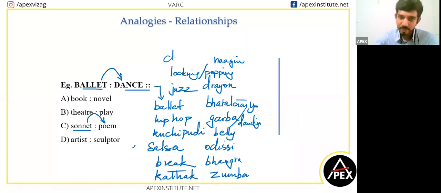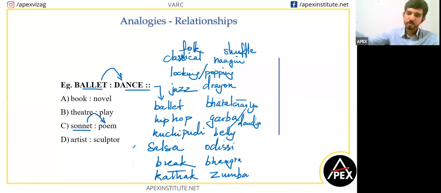Street, classical, yes, classical is a type of dance. Interesting. So good. I'm really impressed here with your knowledge. We managed to, like we did in our vocabulary sessions, fill up the screen again. Shuffle. Shuffle is nice, yes. And there's disco dance. Yes, I am a disco dancer, isn't it? Folk dance. So folk dance is the traditional dance coming from a lot of different places.